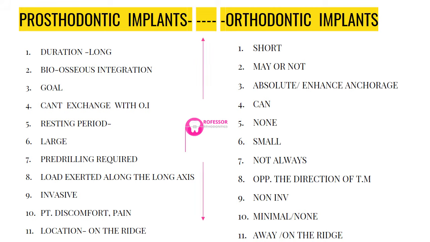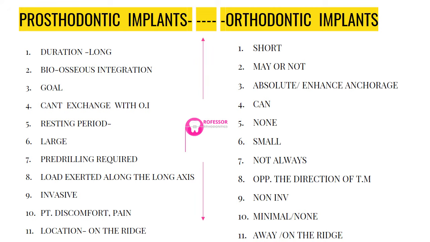Fifth point, resting period. During prosthodontic implant treatment, there's something called a loading period, in the sense that after you place a prosthodontic implant, you cannot immediately place a crown on it, and the patient cannot immediately use that implant for the purpose of mastication or for function. Whereas in case of an orthodontic implant, you can. In the sense, during prosthodontic implant treatment, the patient has to undergo 3 or 4 or 5 months of loading period.